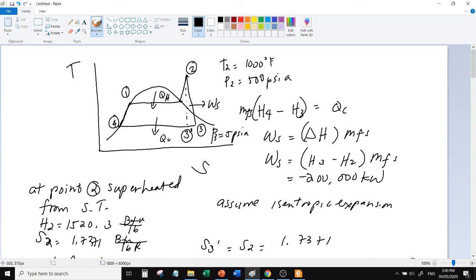Since isobar yan, nasa loob tayo ng saturated curve. So, kung ano yung pressure dito, equal lang yan sa pressure doon. P4 is 5 PSIA din. Isobar yan. Tapos, alam natin na saturated liquid siya. Hindi daw lumabas ng subcooled region.